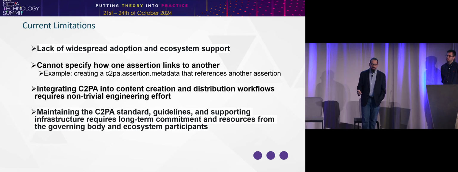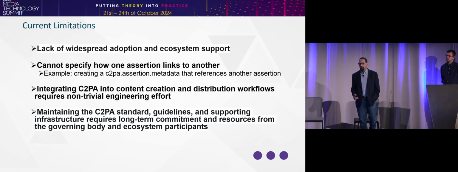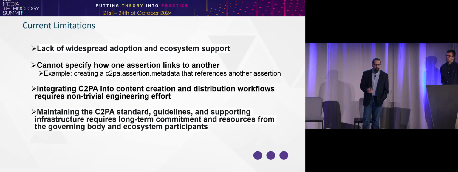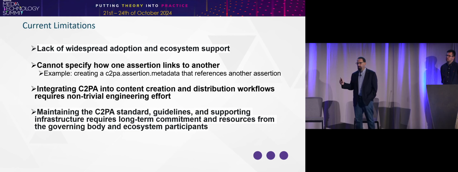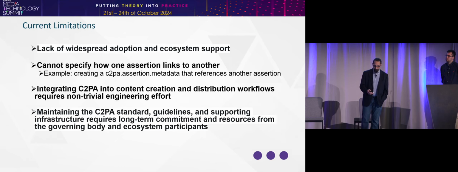It is a non-trivial engineering effort, and we believe there are long-term impacts that we might not even be aware of around lines of monetization and tracking of content. And then maintaining the C2PA standard, the open source, the guidelines, requires a long-term commitment from not just the contributors, but the governing body and ecosystems, and we may see additional communities step up and try to help as well.